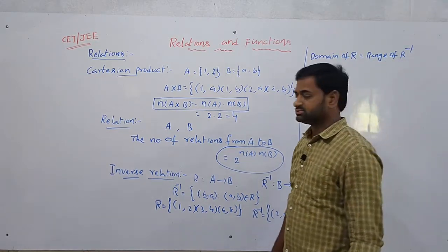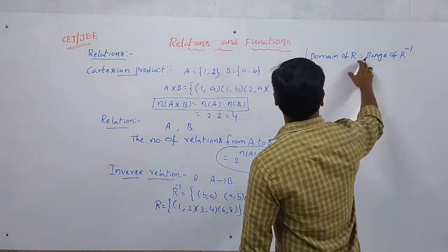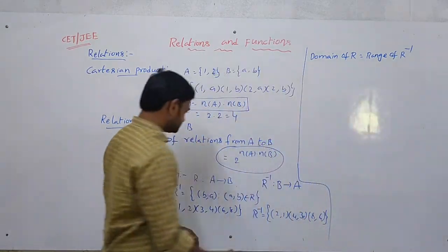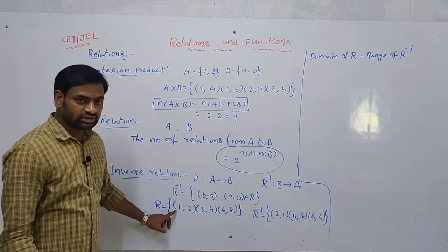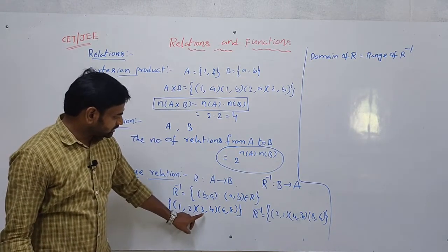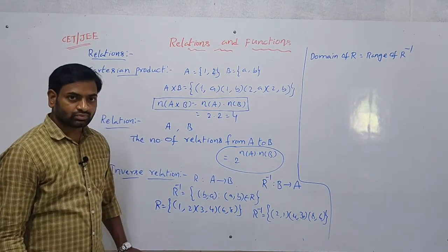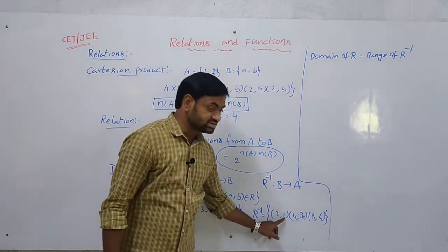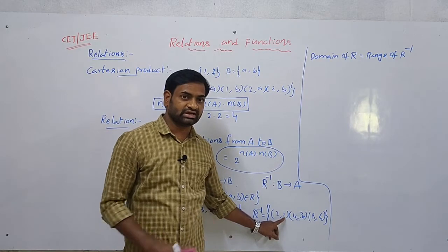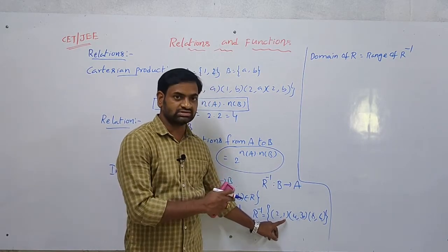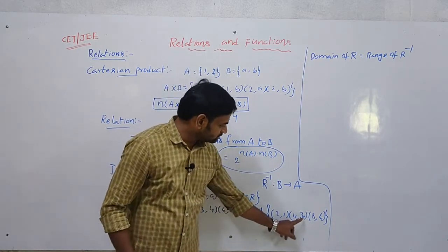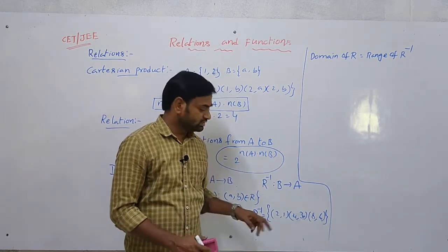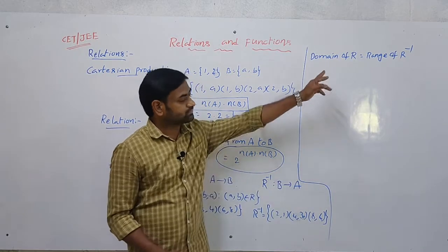Remember this point. See here, what is the domain of R? 1, 3, 6. Where do these 1, 3, 6 appear in R inverse? In the second numbers of the ordered pairs. Second means range. So it is the range of R inverse.